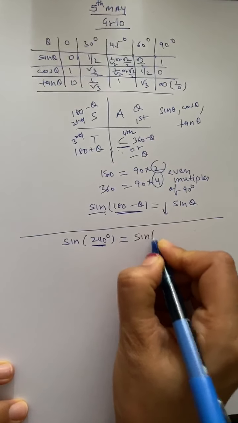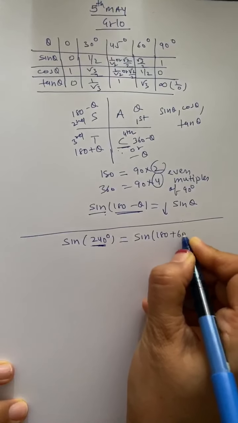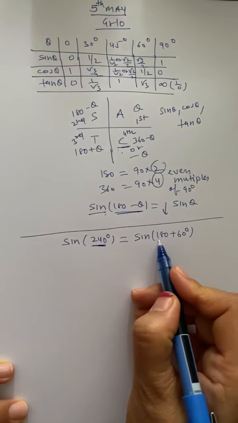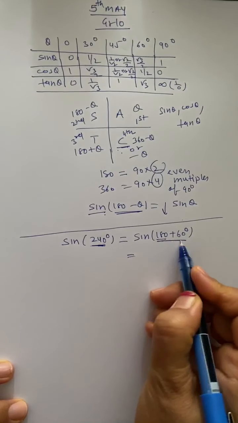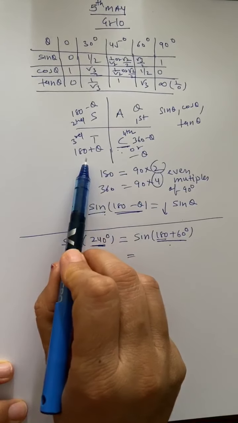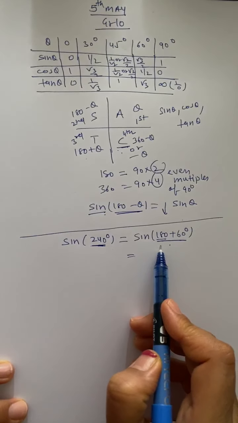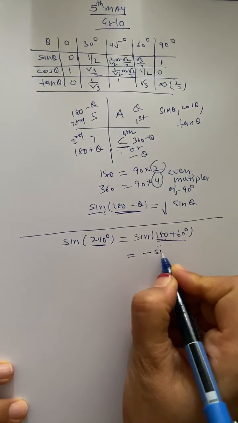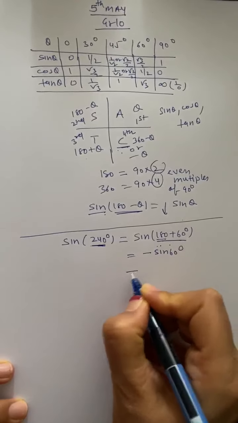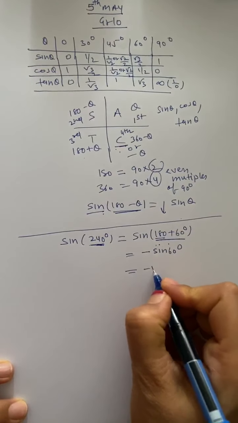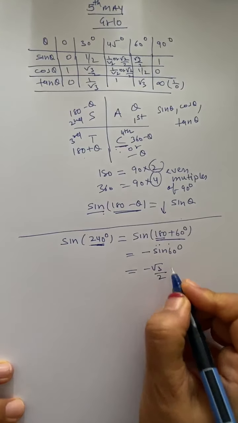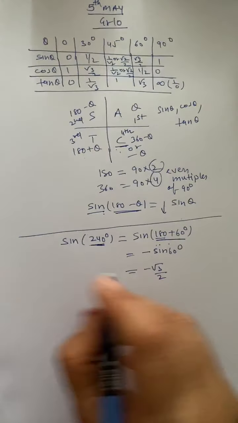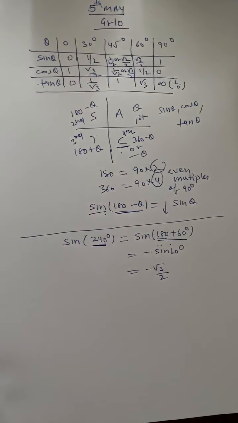So I'm going to use sine of 180 plus 60 degrees. Now I know the 60 degree value from this table, and sine of 180 plus 60 means it's in the third quadrant. And in the third quadrant, this must be negative, which means this is the same as minus sine 60 degrees. Sine 60 is square root of 3 over 2, so this will be equal to negative square root of 3 over 2.